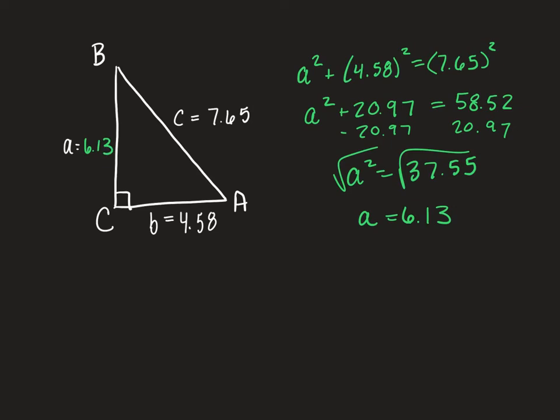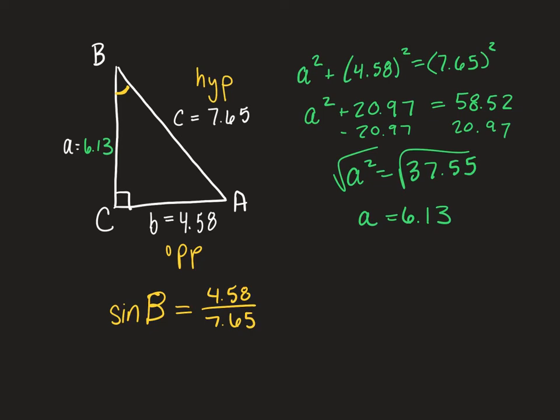Okay, now we have to use one of our inverse trig functions. Let's find angle B first. From angle B, we have the opposite side and we have the hypotenuse. So let's say that the sine of angle B is going to be equal to 4.58 over 7.65.